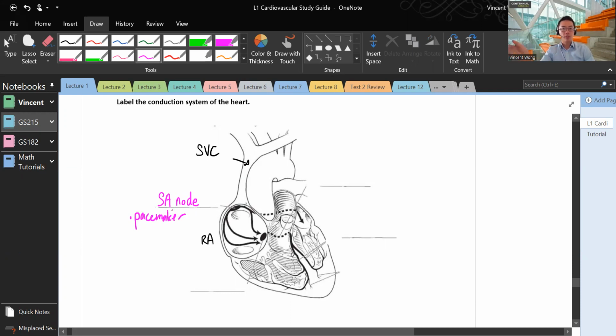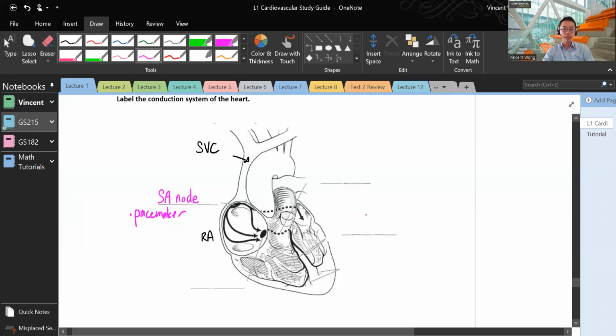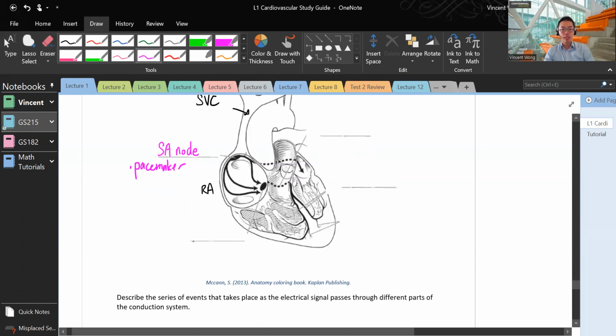It sends out electrical signal that will spread across the atria. Okay, so some of the signal will go down to the AV node, which serves as a relay station that would then pass the signal to these Purkinje fibers that are located in the septum as well as the ventricular wall.